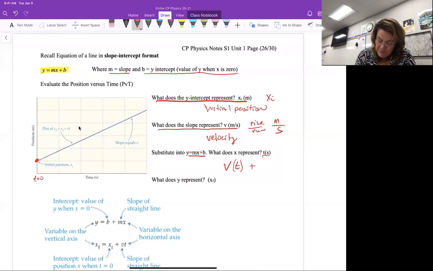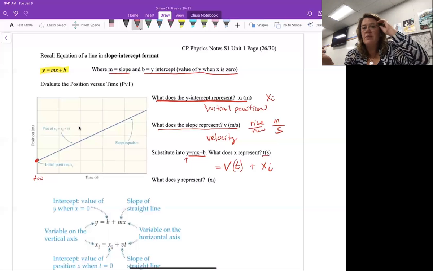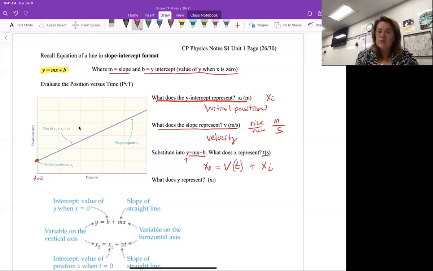The intercept is equal to the initial position. And y in this situation is the output, what is on the y-axis: position. At some time in the future, where is my position? That is its output, its final position. So there it is: velocity times time plus the initial position.